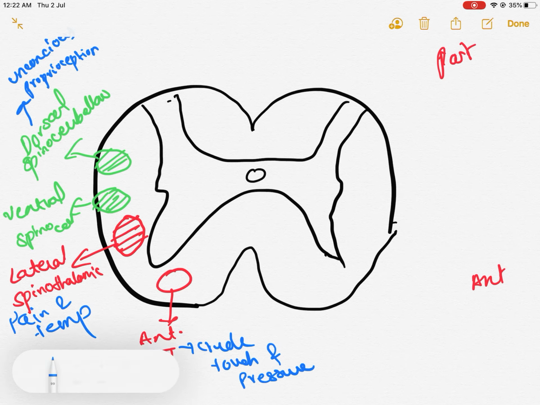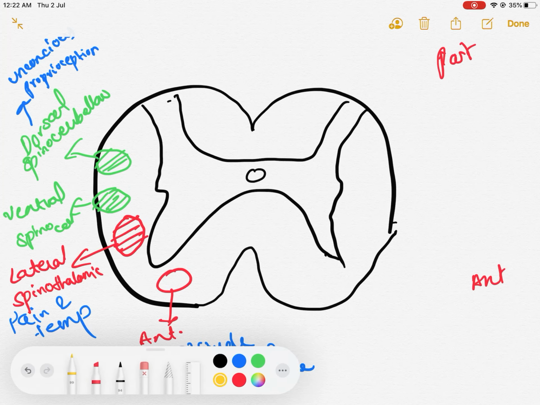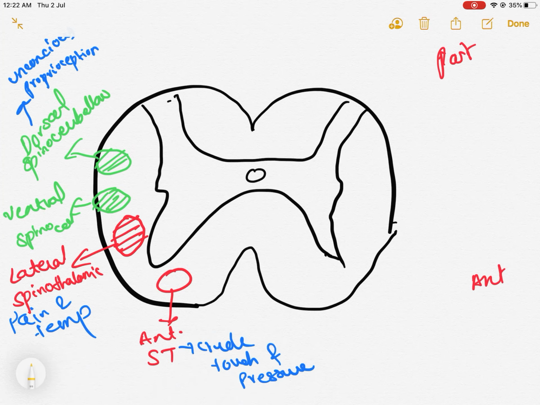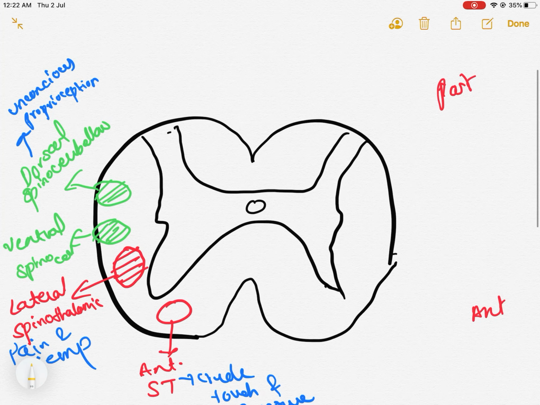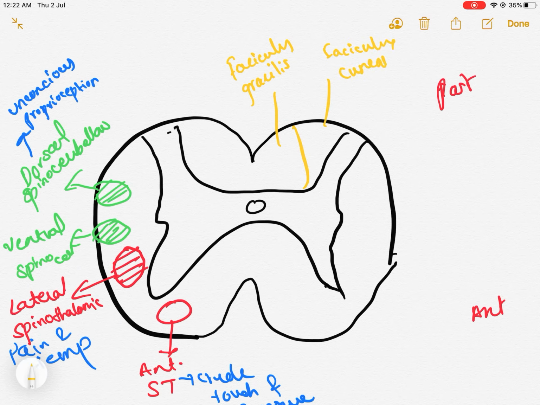Okay, the next tract is another important tract. These are called the posterior column. Posterior column consists of two tracts. The medial one is called fasciculus gracilis and the lateral one is called fasciculus cuneatus.